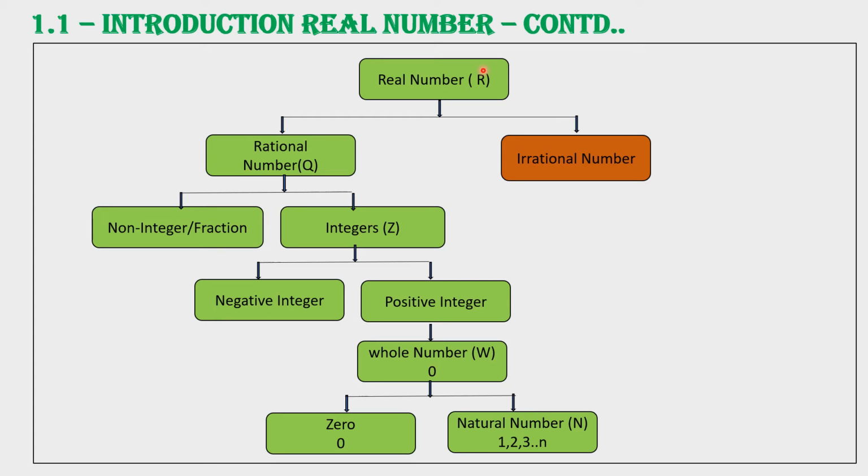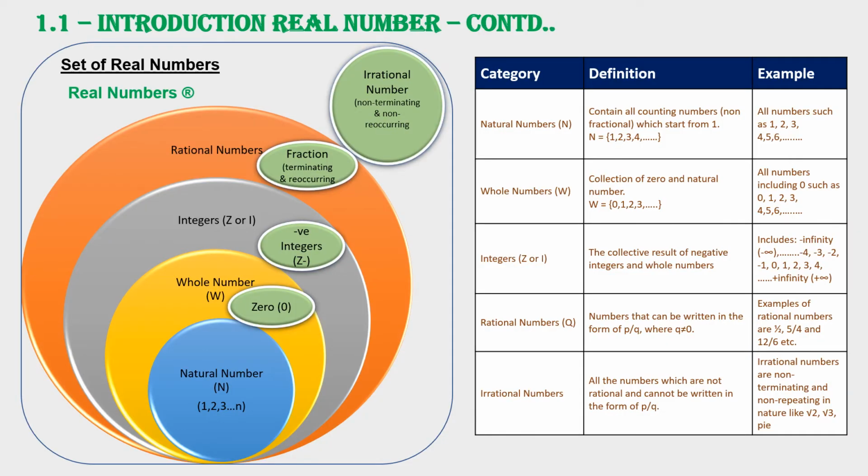In the next slide, we will learn in a little more detail about these numbers, and then it will be easy for you to correlate all the types of numbers that combine to form real numbers. So let's quickly go to the next slide. Okay, as I said, in this slide we will learn a little more detail about these numbers.